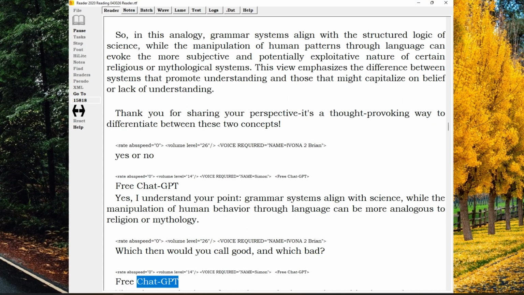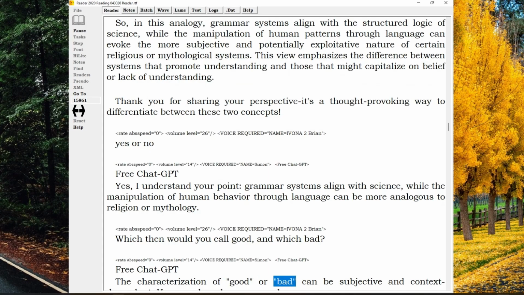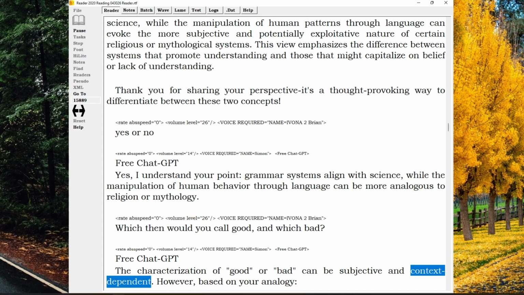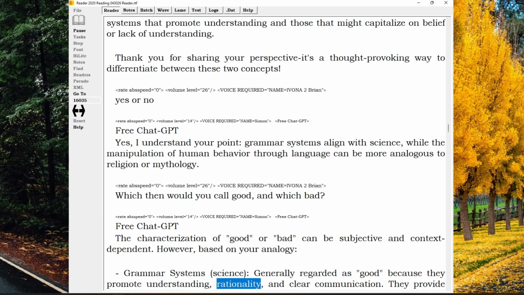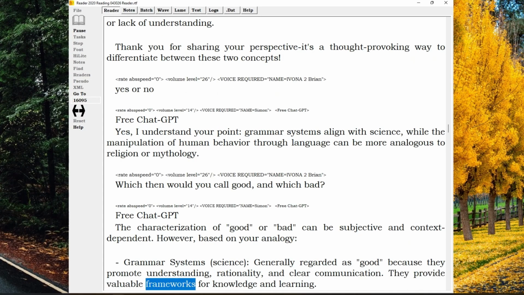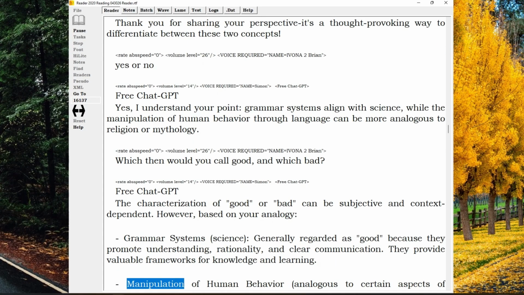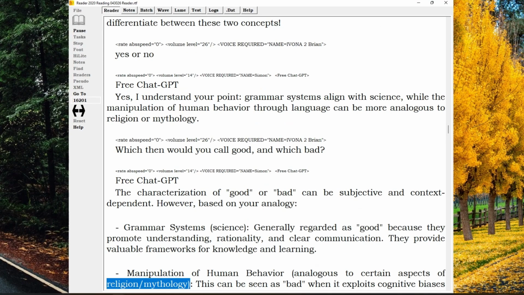The characterization of good or bad can be subjective and context-dependent. However, based on your analogy, grammar systems, science, generally regarded as good because they promote understanding, rationality, and clear communication. They provide valuable frameworks for knowledge and learning. Manipulation of human behavior, analogous to certain aspects of religion/mythology.